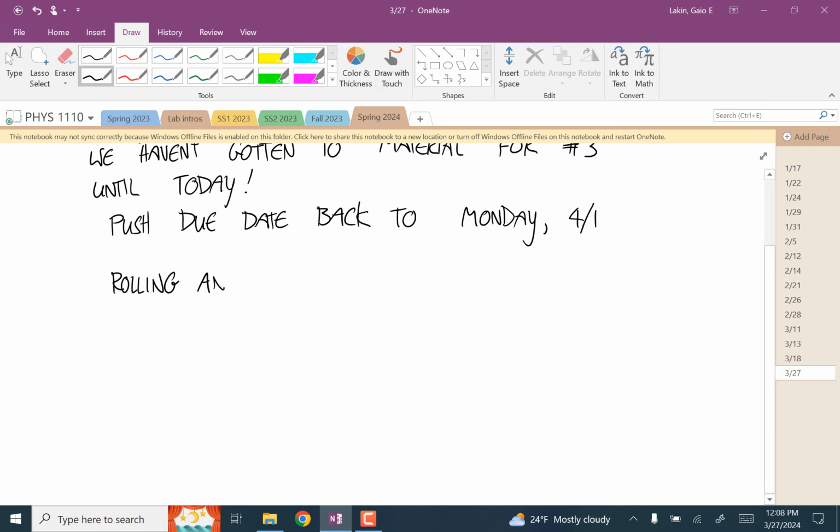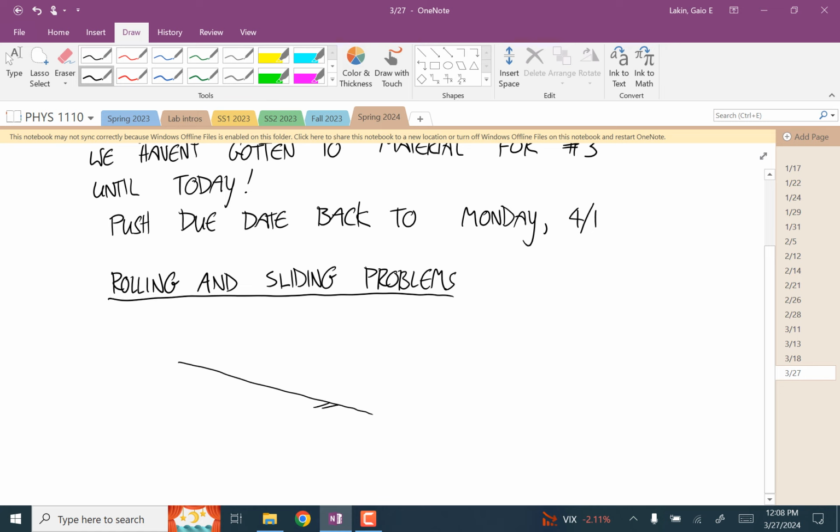So rolling and sliding problems. Here's an example of the kind of thing we're going to do. If you have an object that's rolling along a surface like this, our starting point is we are going to choose a funny coordinate system for this.